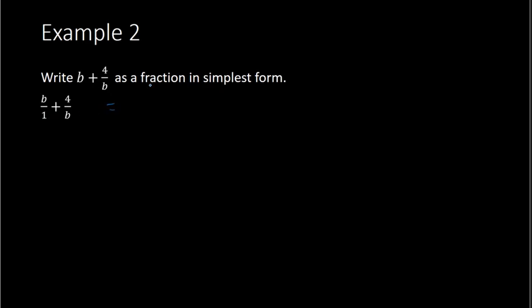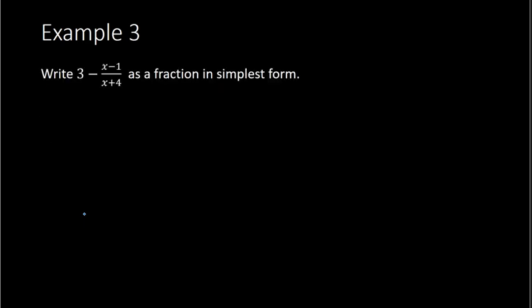All right, so b over 1 equals something over b. So to do that, I multiply the 1 by b to get b, multiply the top, which is b, by b. That gives me b squared. So I have b squared plus 4 over b. And now I can combine the numerators, b squared plus 4 over b. So I've written the original expression as one fraction in simplest form.